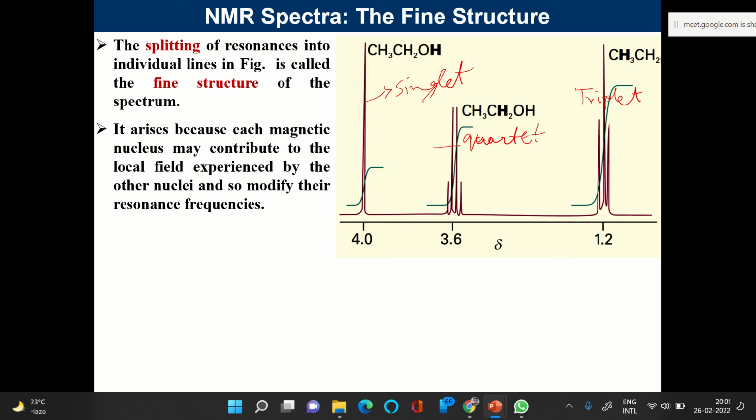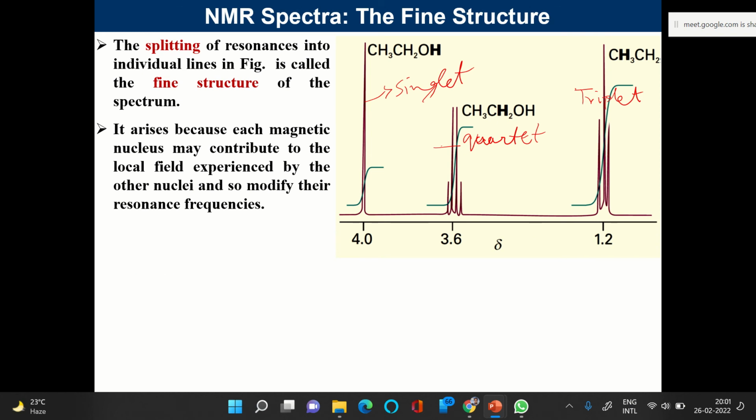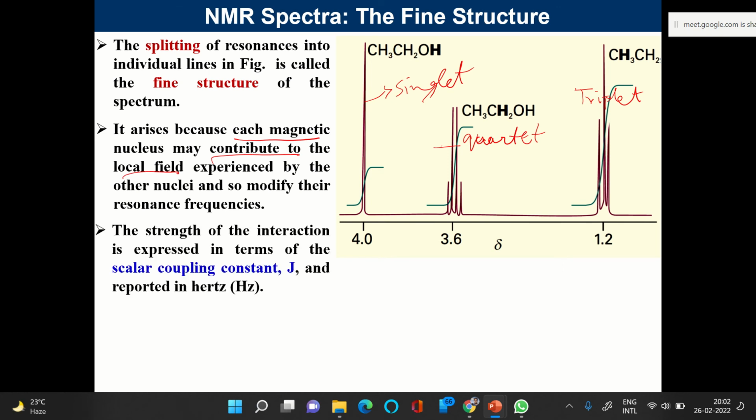There is a coupling between these, so each magnetic nucleus can contribute to the local field, and then there is a modification in the resonance frequencies in a very complex way.